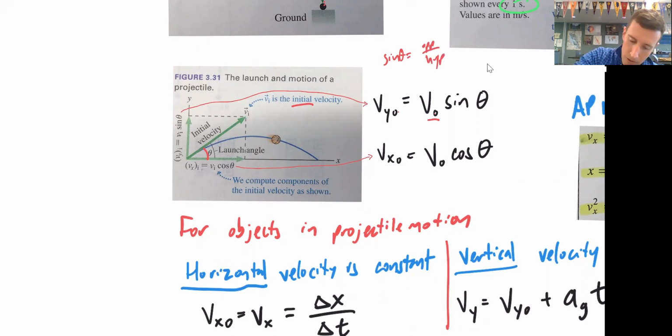The hypotenuse is v sub 0. The opposite side, in this case, here's my angle, so the opposite would be here, and that's the same as that, which is v sub y. Okay? So the sine one would be the v sub y one, the cosine one would be the v sub x. All right.